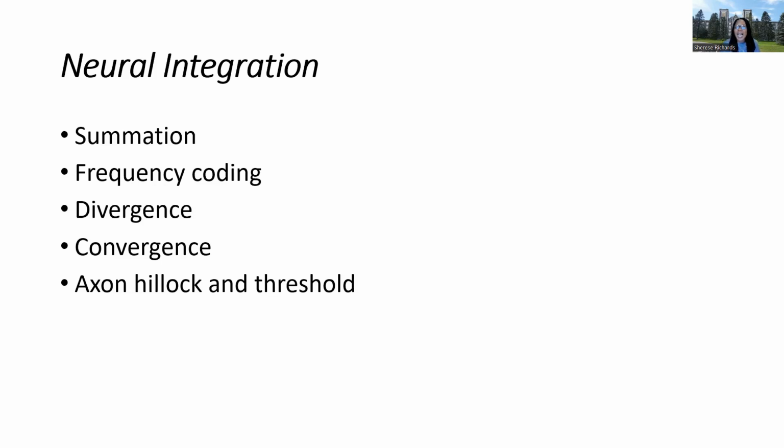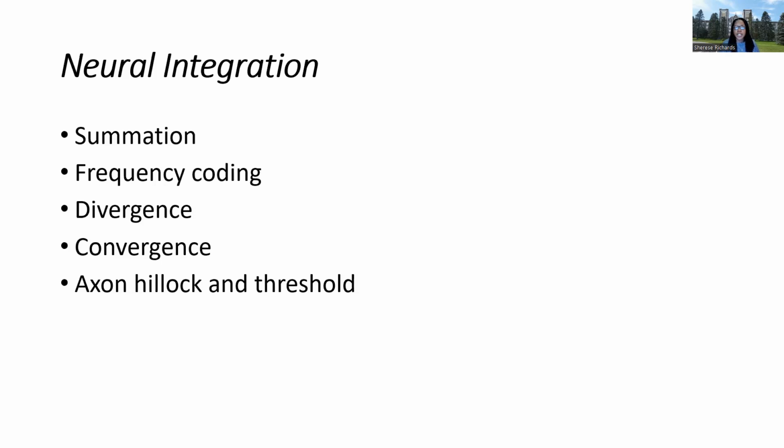Those will all be sort of added up or assessed at the axon hillock. And then that is the area where we decide whether or not threshold membrane potential change has been accomplished, and then we can go ahead and proceed with an action potential.